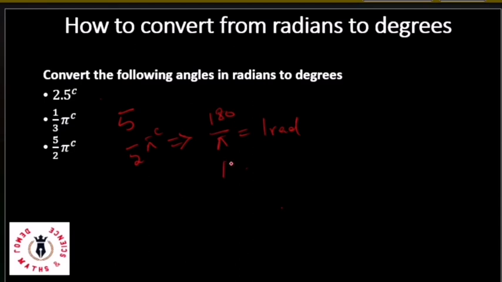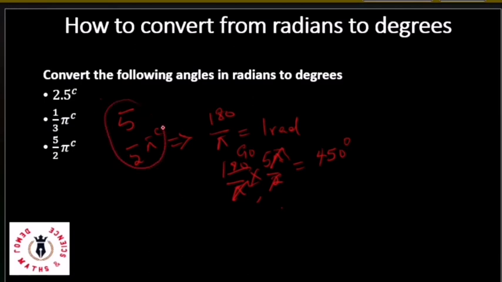So that 180 over pi times 5 pi over 2 will equal, pi here is 1, pi here is 1, 2 in 180, that's 90. 5 times 90, that's 450 degrees. So conveniently we can say that 5/2 pi radians is the same thing as 450 degrees.